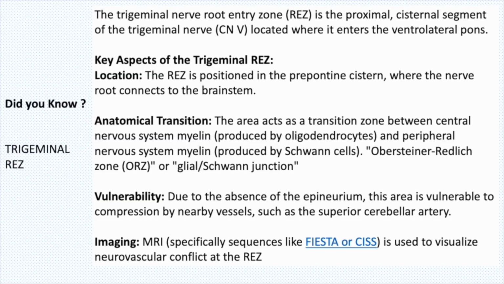There is an area of transition between the myelin produced by the oligodendrocytes versus the myelin produced by the Schwann cells. And that glial-Schwann junction is the area that is most vulnerable for damage as a result of compression. And this is the area that tends to get affected most commonly in trigeminal neuralgia.